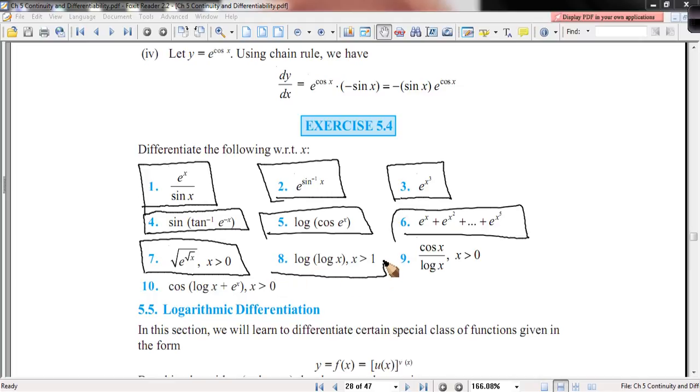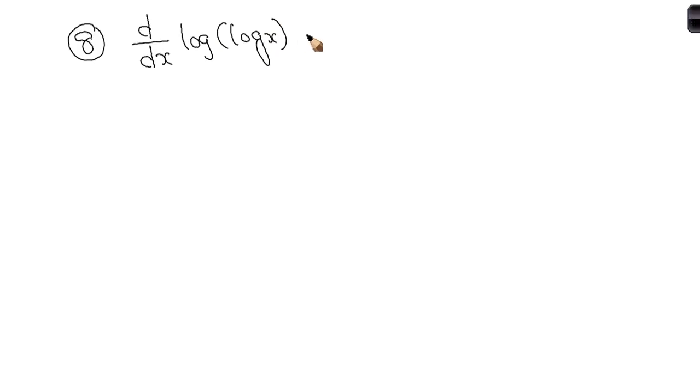Find the derivative of log log x for x greater than 1.